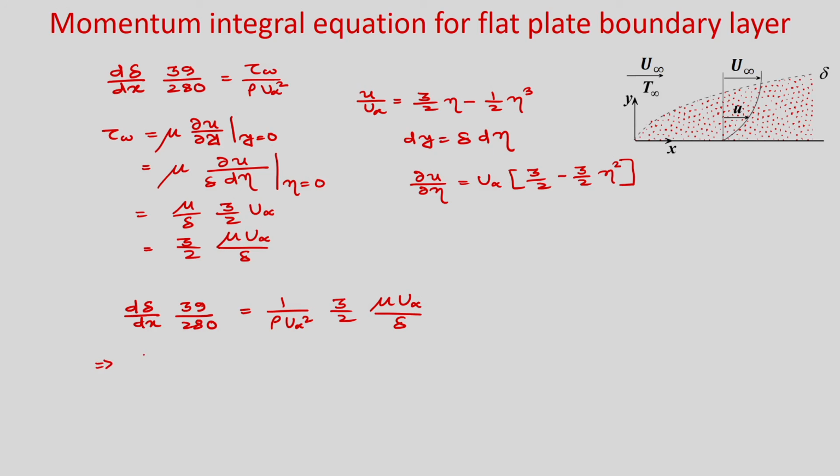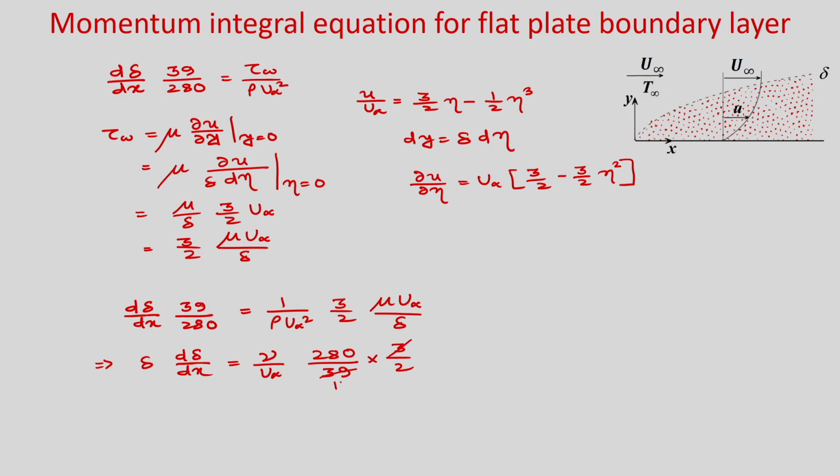So, you can write delta d delta by dx is equal to nu by u infinity, because you have u infinity square here, times 280 by 39 into 3 by 2.